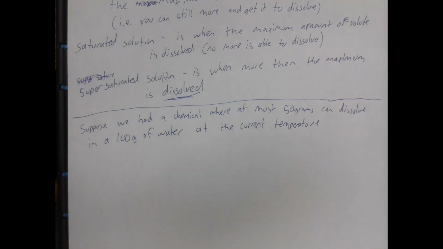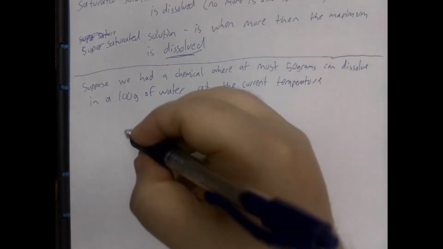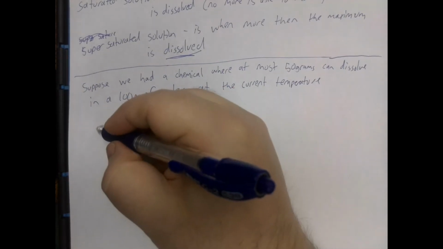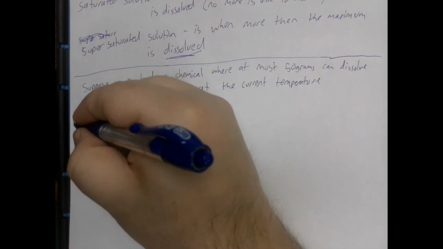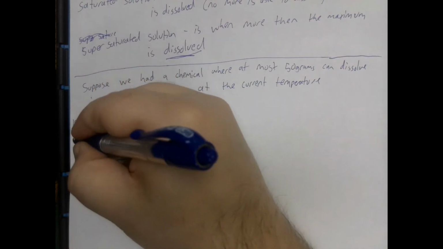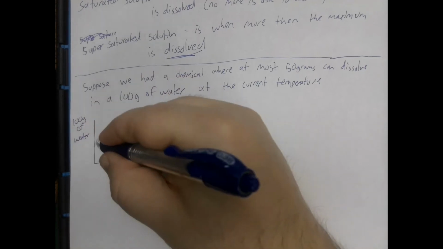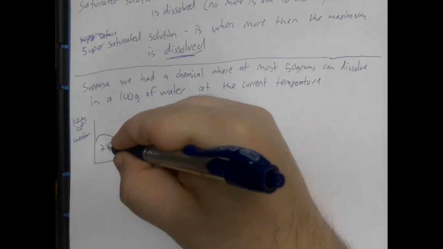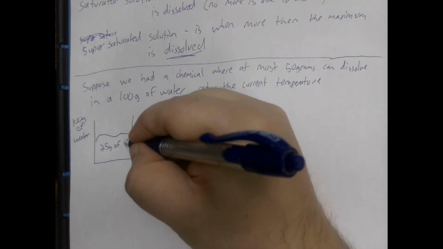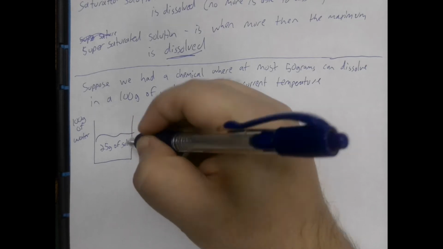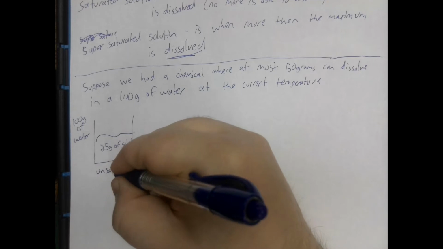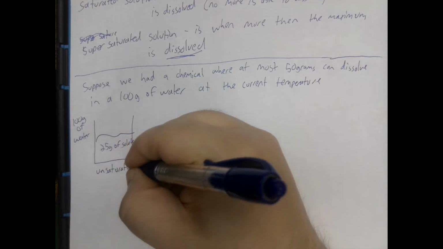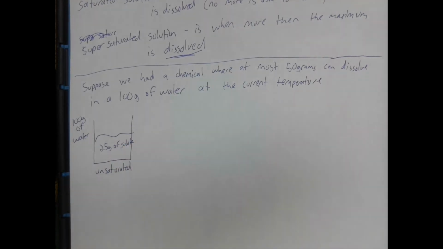So at most 50 grams can dissolve in 100 grams of water. Let's say we have 100 grams of water. If we put 25 grams of solute, it would all dissolve. So this would be unsaturated. We can still put 25 more grams into it.